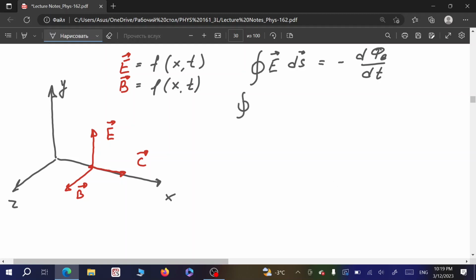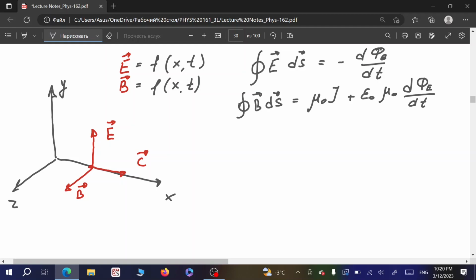That is the integral over closed path of scalar product of magnetic field vector times ds vector, and that should be equal, it has two components as we remember from previous discussions, mu naught times I, the conductivity current contribution, and the Maxwell displacement current contribution, which is epsilon naught mu naught times dΦE over dt.